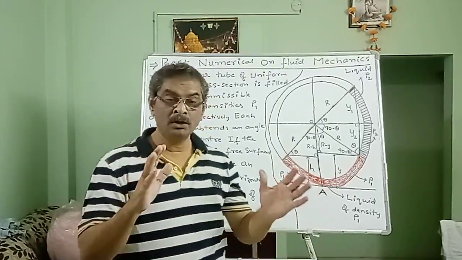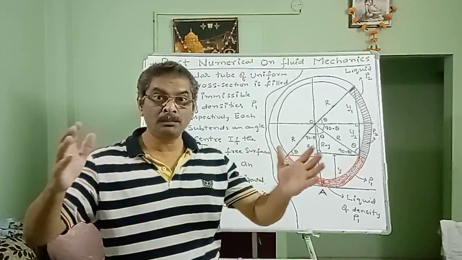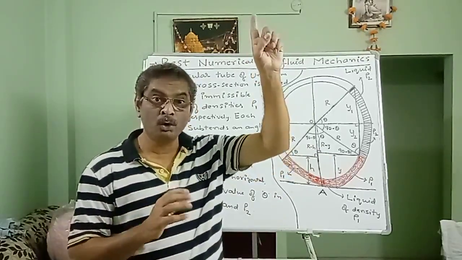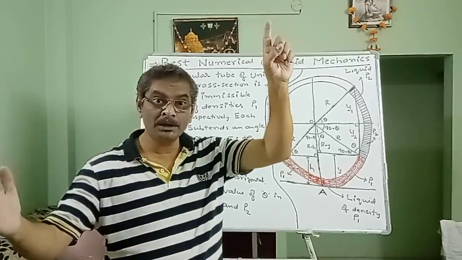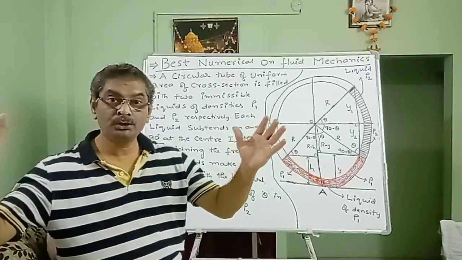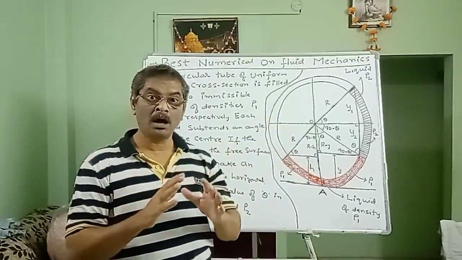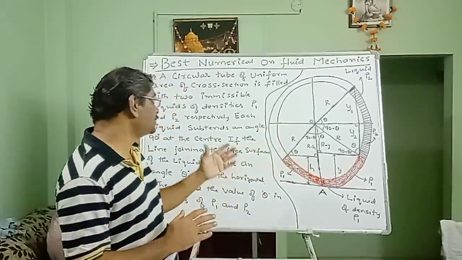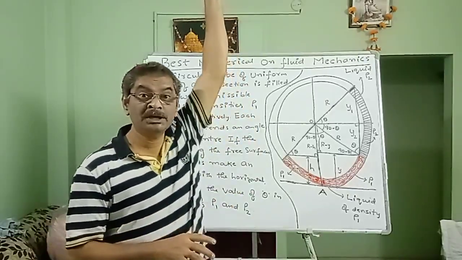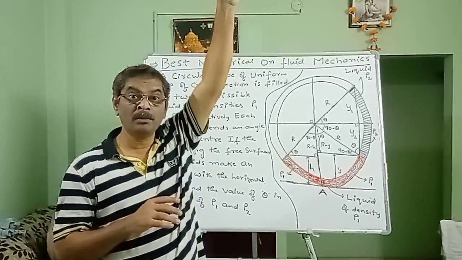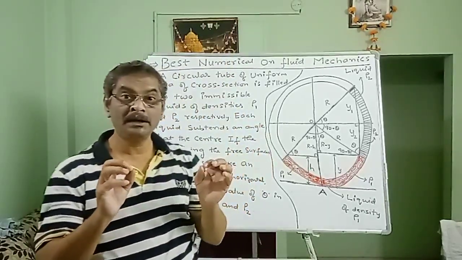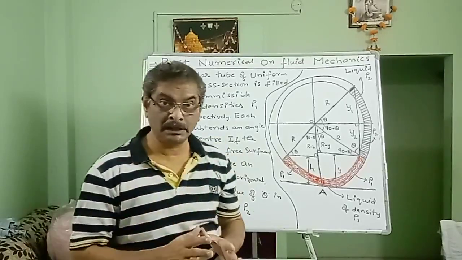So once again, remember what the problem says. A circular tube of uniform area of cross section is filled with two immiscible liquids of density ρ1 and ρ2. Each liquid column subtends an angle 90 degrees at the center.